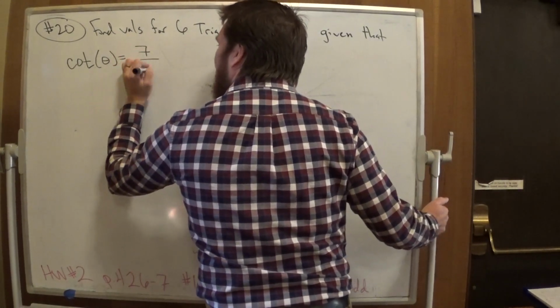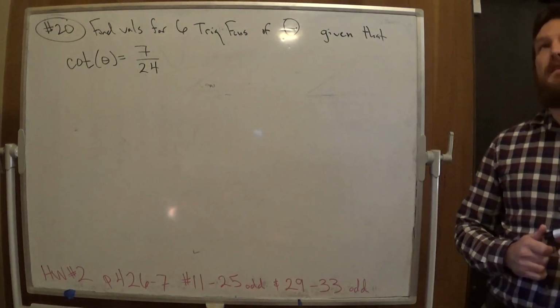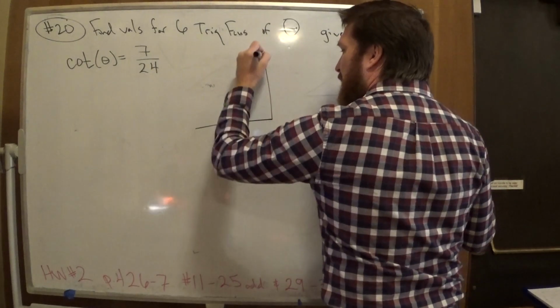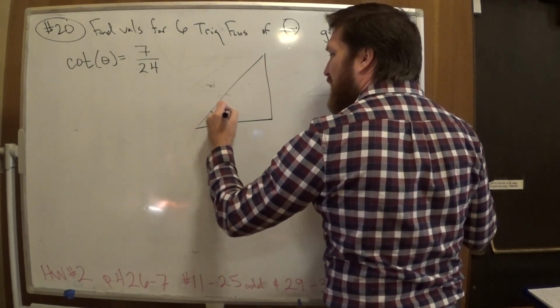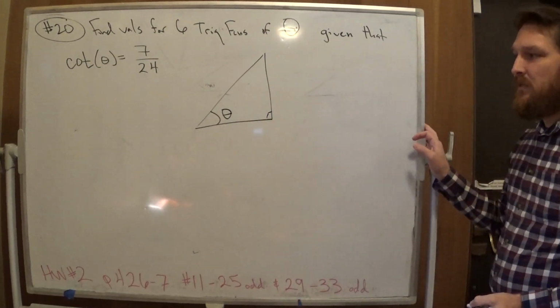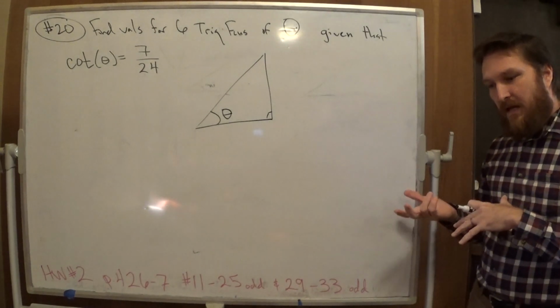All right, let's think about what that is in terms of a right triangle, and I'm just going to go ahead and start like this. I'm going to say there's some right triangle. Here's theta, okay? So cotan in terms of sides is what over what? Adjacent over opposite.